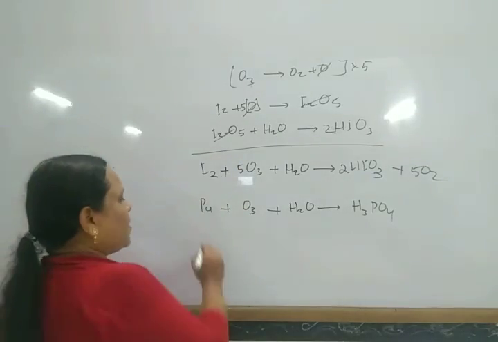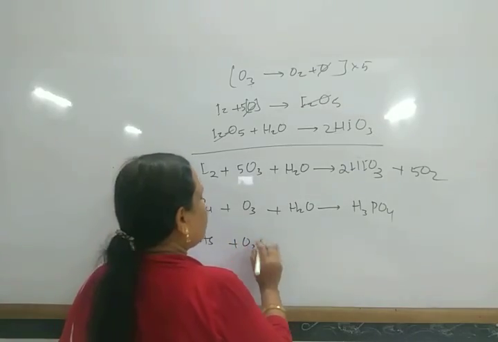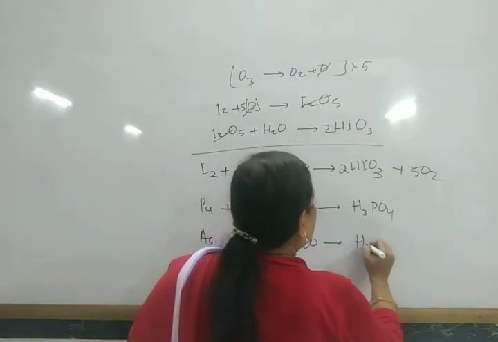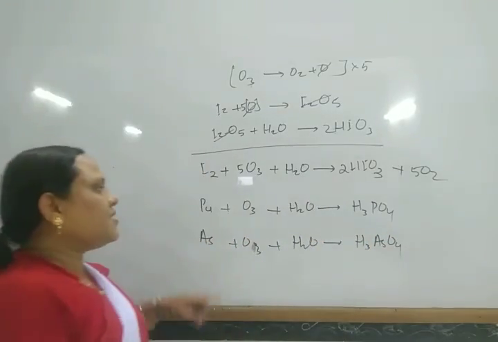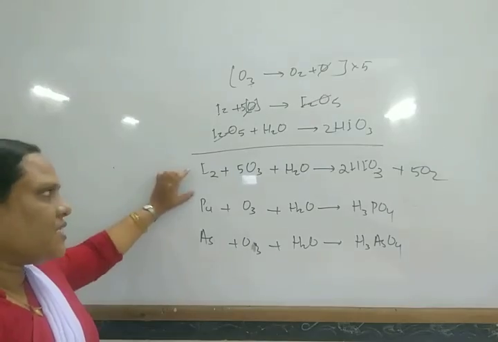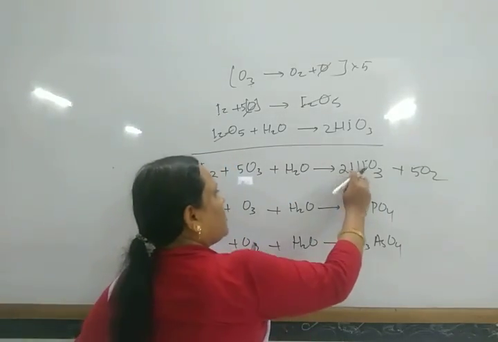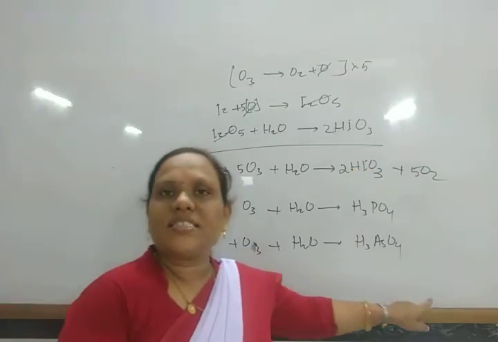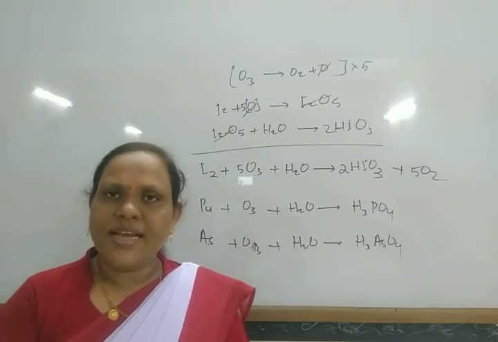In the same way, it oxidizes arsenic to arsenic acid. So ozone oxidizes moist iodine to iodic acid, moist phosphorus to phosphoric acid, and arsenic to arsenic acid. So in this way it acts as an oxidizing agent.